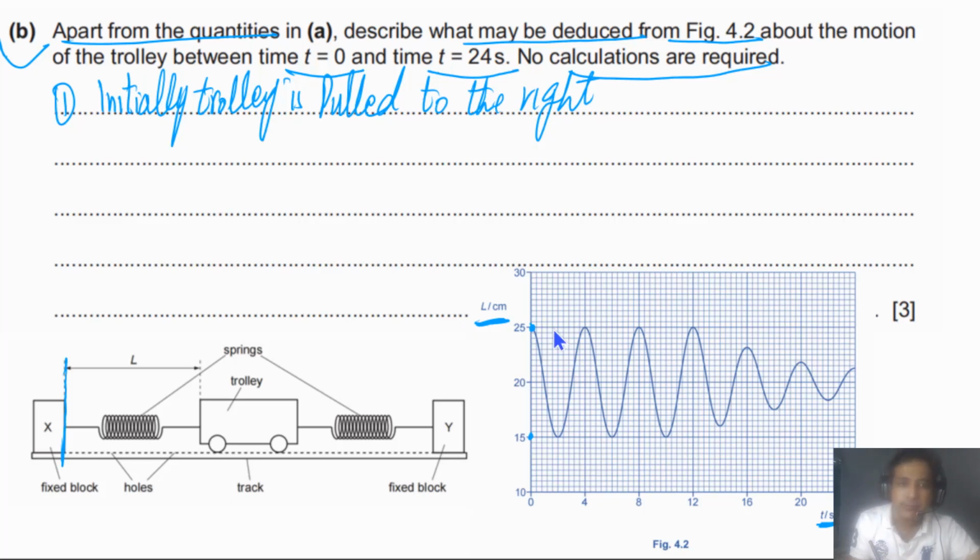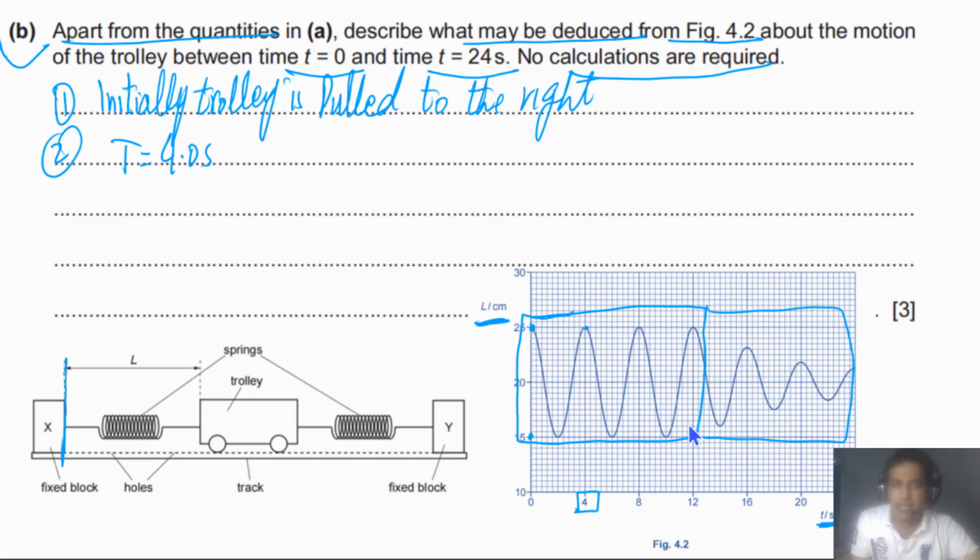And the second thing we can find out is, if you look at the time period of this one, its time period is equal to 4 seconds. So we can say time period T is equal to 4.0 seconds. And also if we look at this motion, the first part of the motion is undamped and this one is damped. So we can also deduce from here that this is undamped motion and this one is damped.